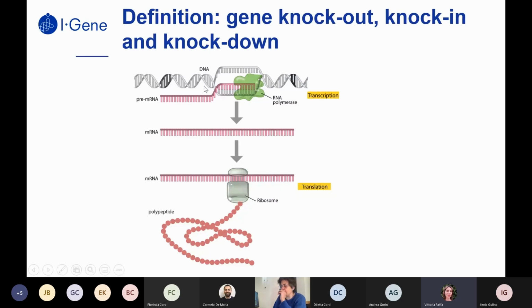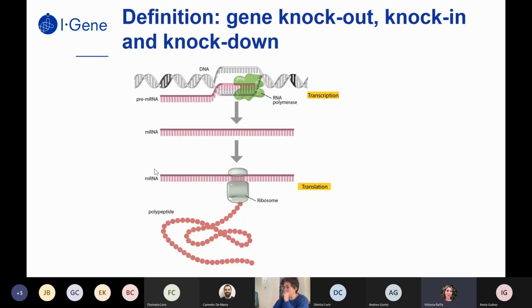What you can see here is one sequence encoding one specific protein. So this is the gene. What happens is that one enzyme named RNA polymerase starts the transcription process. This means that starting from the gene, we have the messenger RNA.